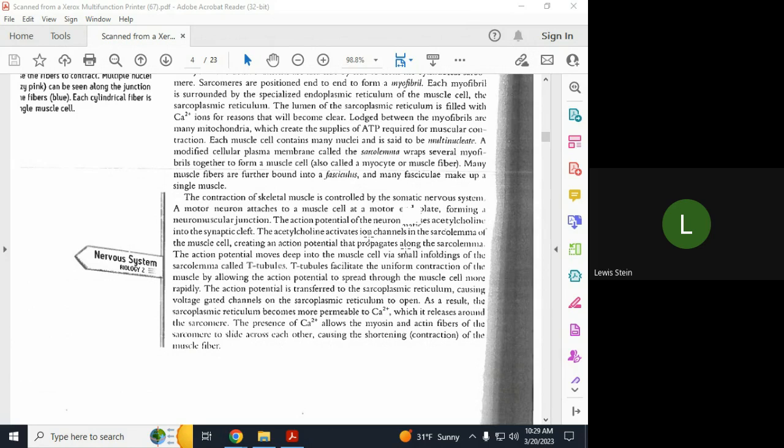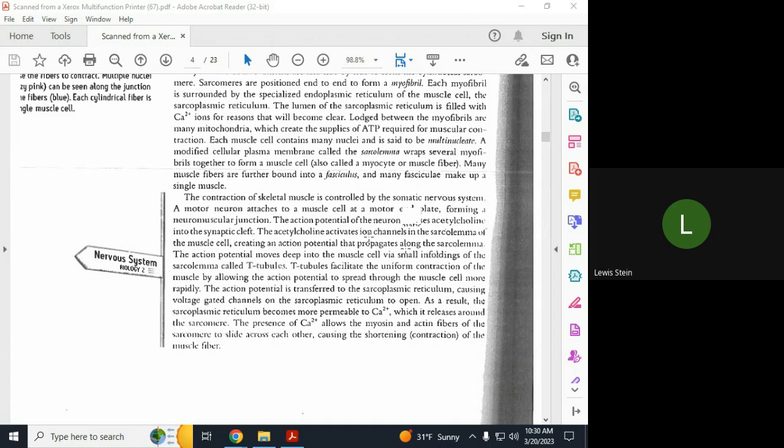The big question is whether or not it's sufficient to reach threshold. If it's not, we call them end plate potentials. If they reach threshold, now we have an action potential. What effectively happens? The acetylcholine contacts acetylcholine ligand gated channels on the motor end plate, allowing sodium to come in and potassium to go out, effectively through the same channel, increasing the voltage in and around that area, hopefully reaching threshold.